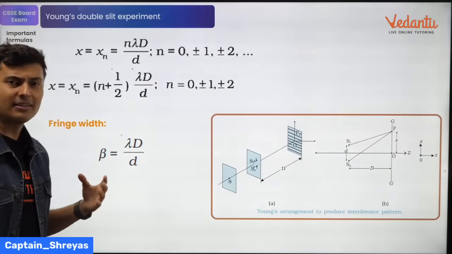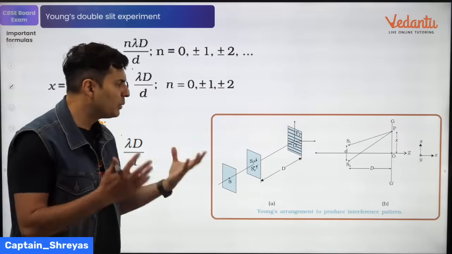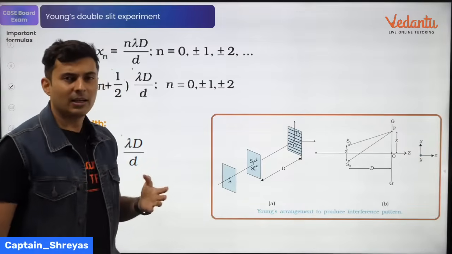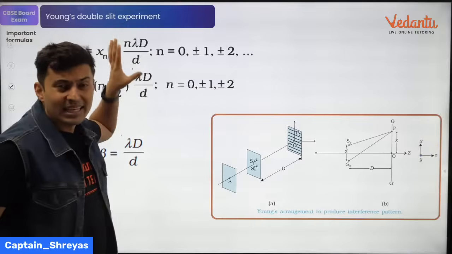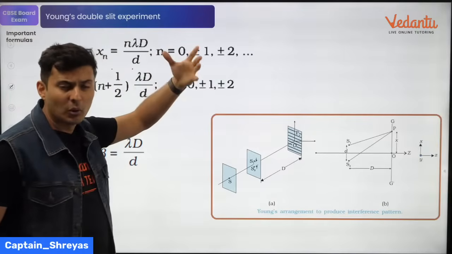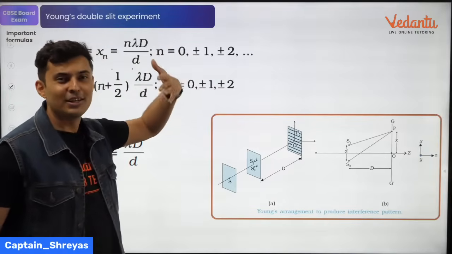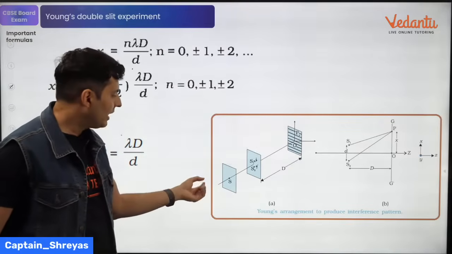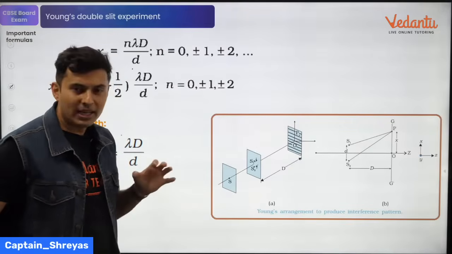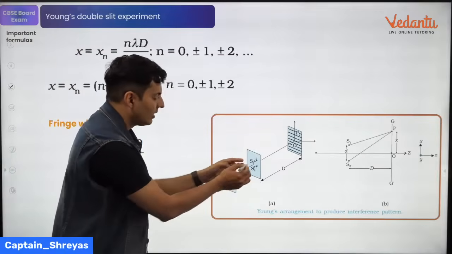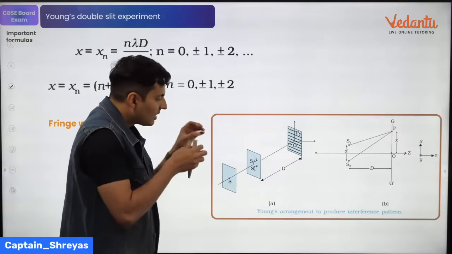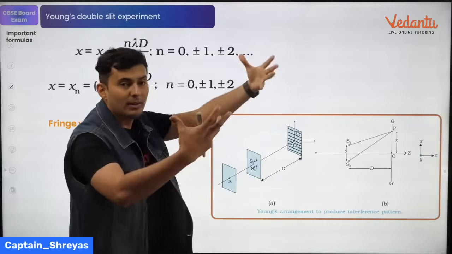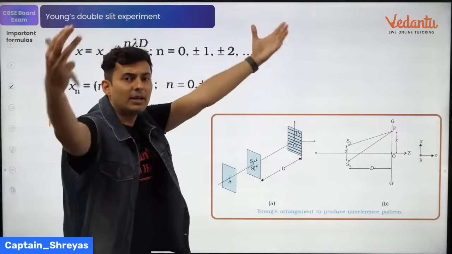Now you can create this interference and form a beautiful pattern, and this setup is elaborately given by Young. He performed the experiment to show that light can interfere, hence it is a wave. So that is called Young's double slit experiment, where you take a source of light and make it fall on 2 small holes or slits. From those 2 holes, they will behave like new sources. They will emit new wavefronts.